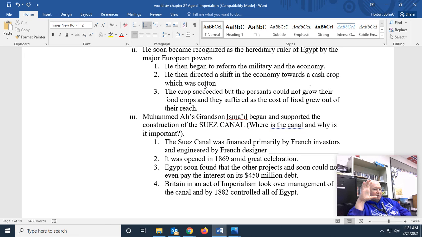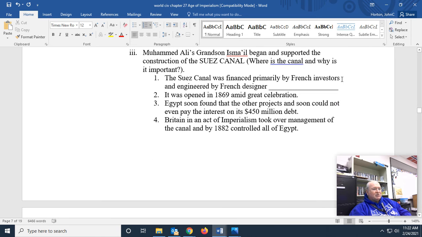The Indian and Egyptian cotton had a much longer staple, and manufacturers liked it a lot better. Now the crop succeeded as a cash crop, but since everybody started growing cotton on the best land, the peasants could not grow their own food crops, and the peasants of Egypt suffered because the cost of buying food grew out of reach. Muhammad Ali's grandson Ismail began and supported the construction of the Suez Canal.